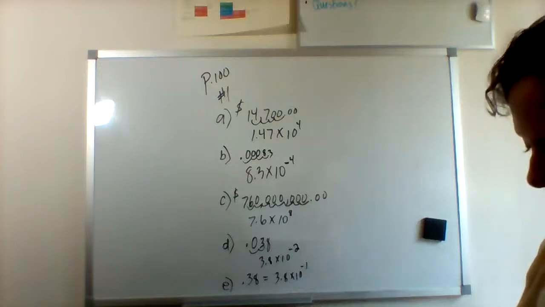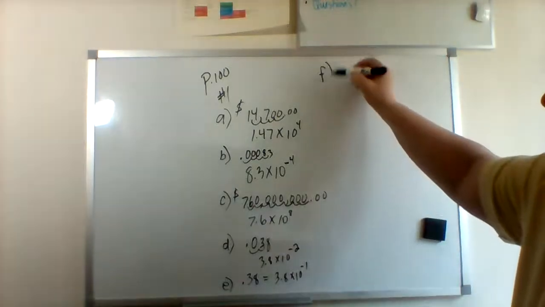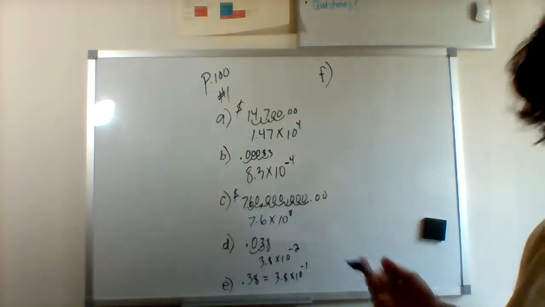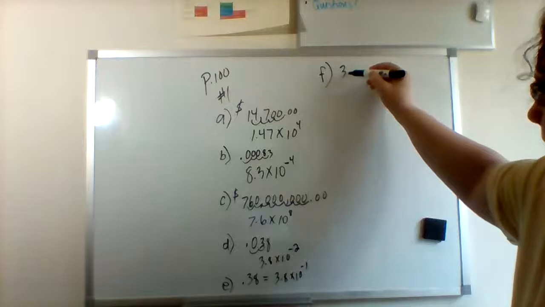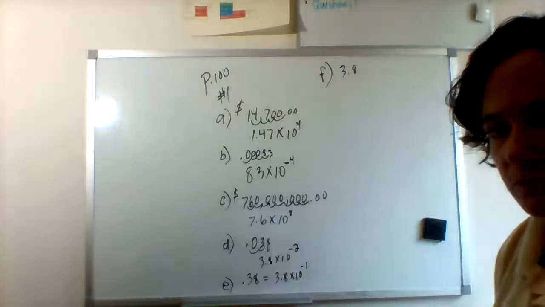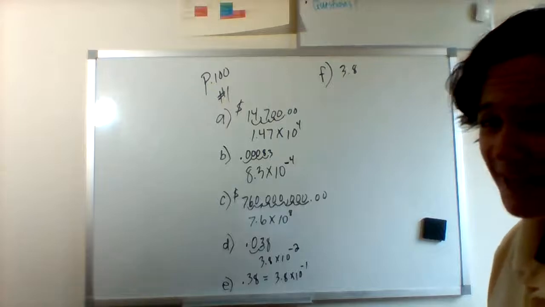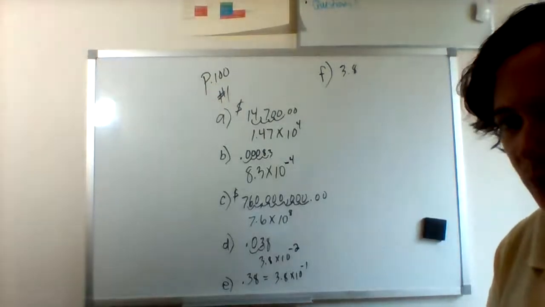Nice job, guys. Thank you. Okay, 3 more for this problem. Letter F. We're working with similar numbers, but the decimal point is in a different spot. This is like a trick question, I guess. Let's see if you guys are on point.